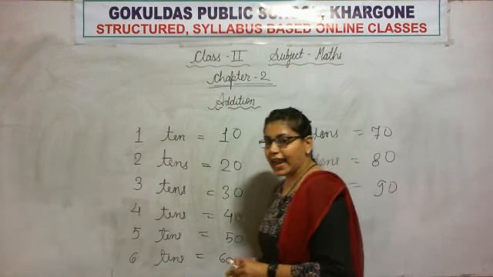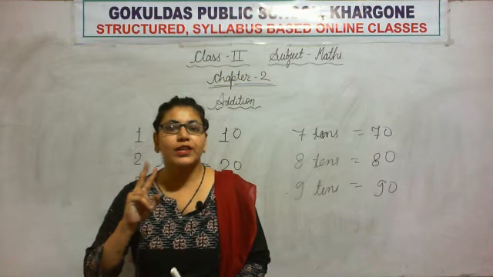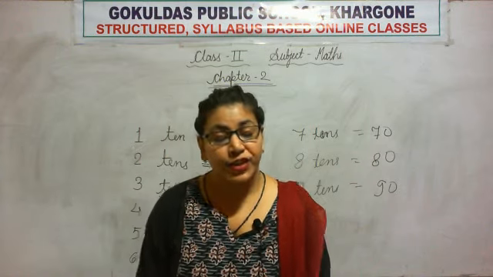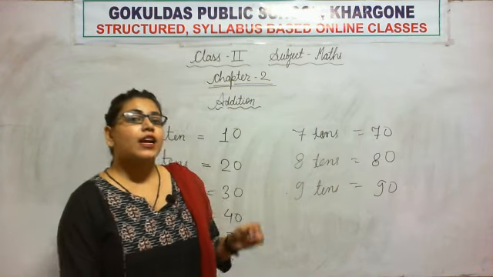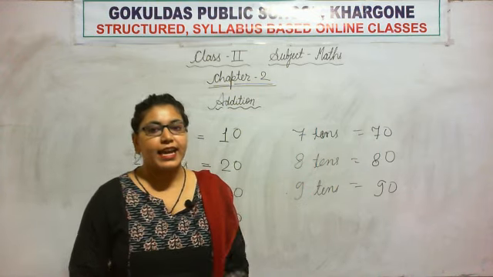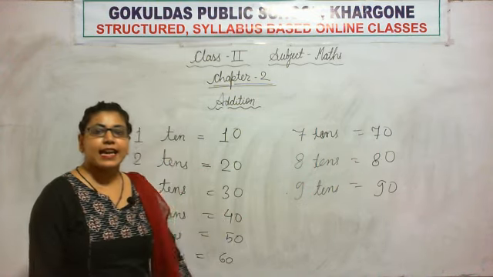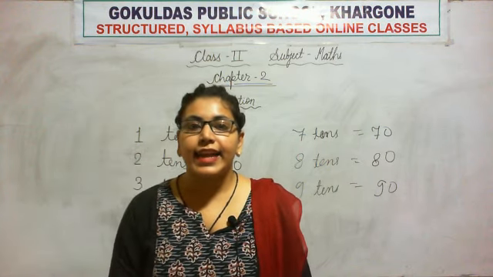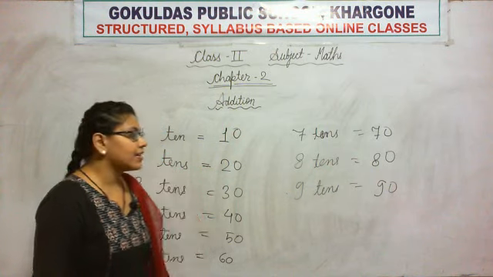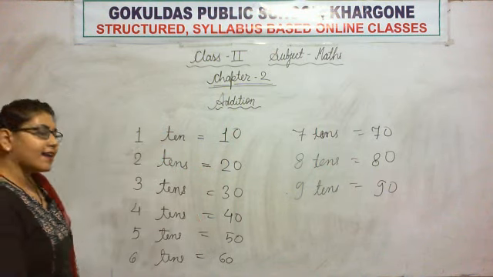Very good. So 1 ten, 10, 2 tens, 20, 3 tens, 30, 4 tens, 40, 5 tens, 50, 6 tens, 60, 7 tens, 70, 8 tens, 80 and 9 tens, 90 and 10 tens, 100.